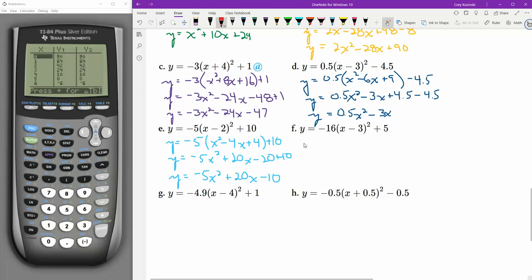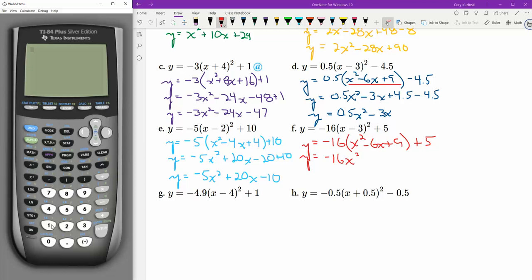How about x minus 3 squared? I feel like we've done that. There it is right there. X squared minus 6x plus 9. And then I got to add 5 to it. Distribute the negative 16. Negative 16x squared. Oh boy. Let's see, what's 16 times 5? Is that 80?